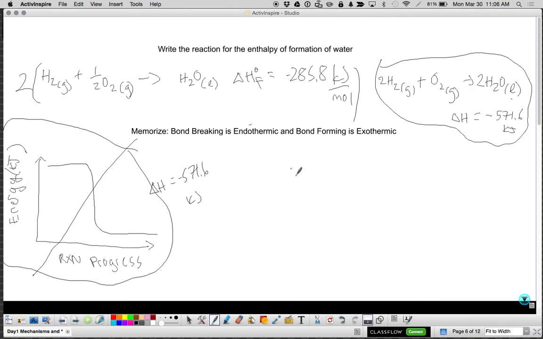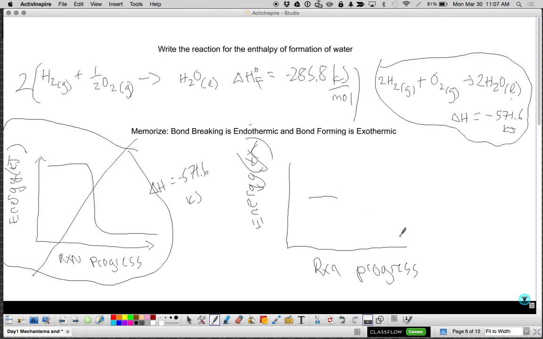So let's see what this actually looks like. I'm going to set it up exactly the same way. Energy in kilojoules. All right, so I know it's an exothermic reaction, so I know that I'm going to net lose energy during the reaction.